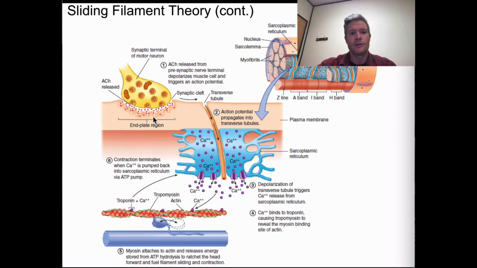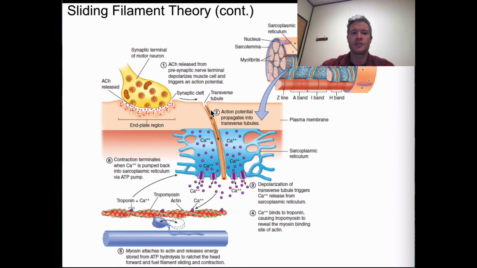From there, acetylcholine is released into that synaptic cleft. It's really important, and it causes the action potential to travel down along the sarcolemma into the T-tubule. You can see that it's called the transverse tubule, T-tubule.